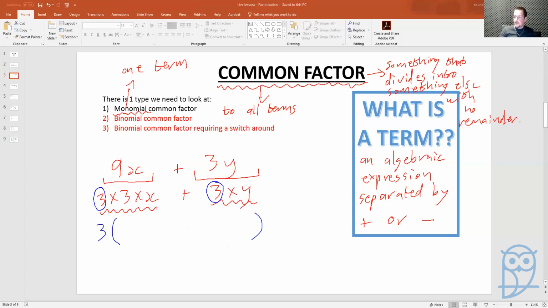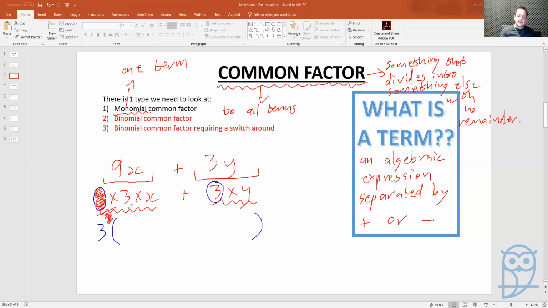Now, I've got my common factor. What do I do? Well, when I take out my common factor, the words take out mean divide here. So I need to divide this by 3. In taking it out, I'm essentially removing it, because if I divide by 3, they cancel.